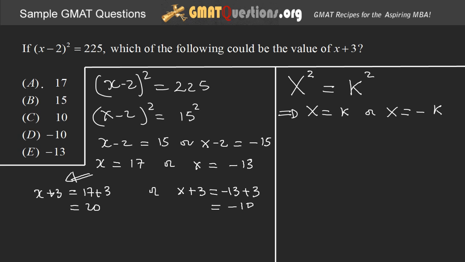If you look at the answer choices, we can see clearly that we don't have the case in which x plus 3 equals 20, but we do have the case in which x plus 3 is negative 10, and it's D. So D is the correct answer.